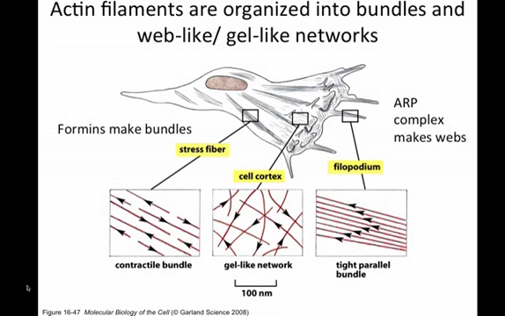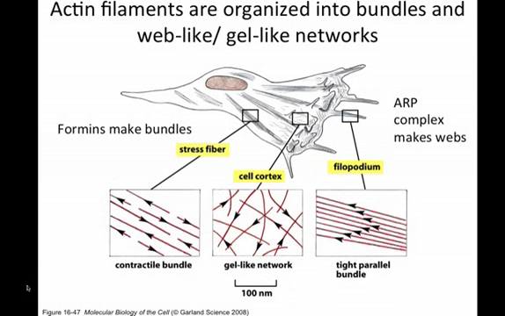Actin filaments. So we've been talking about all these accessory proteins that are regulating growth and shrinking of actin and microtubules, and this is all really important. Actin filaments are organized into bundles and web-like or gel-like networks, and that has to do with their function. So we're starting to transition over to function a little bit. Formins make bundles: stress fibers, contractile bundles, or tight parallel bundles associated with filopodia, these kinds of protrusions.